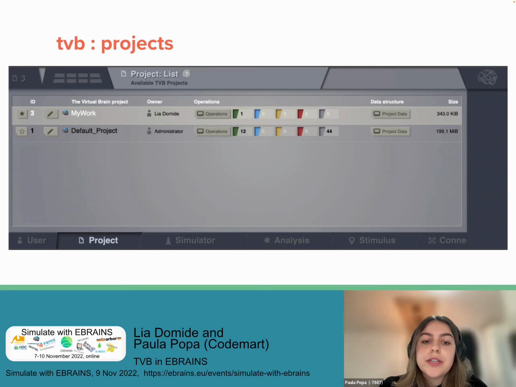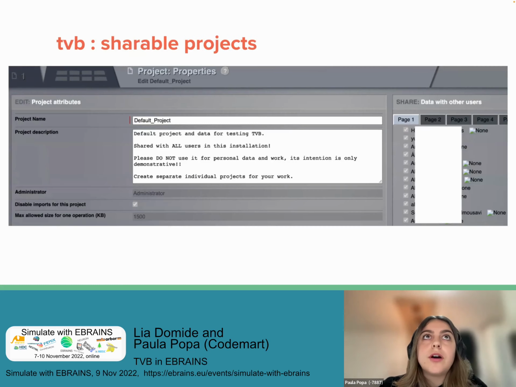This sharing operation can be done in the page called Project Properties. On the right side, the owner of the project can see which users already have permissions to access this particular project, but also has the permissions to edit this accessibility.